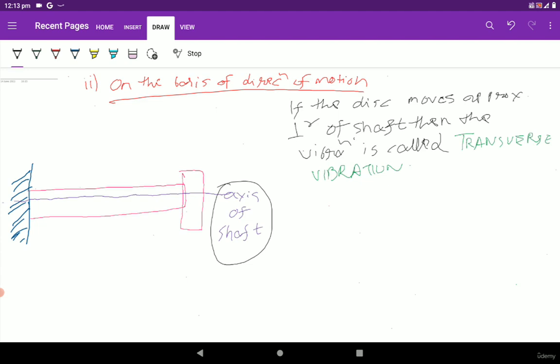In transverse vibration, the rod is subjected to alternate bending stresses. Let me first let you visualize how it looks in the case of transverse vibration.